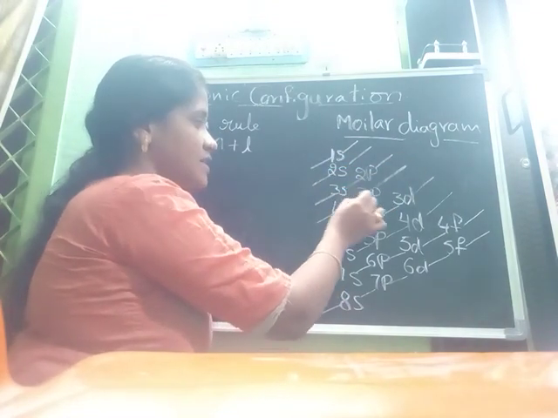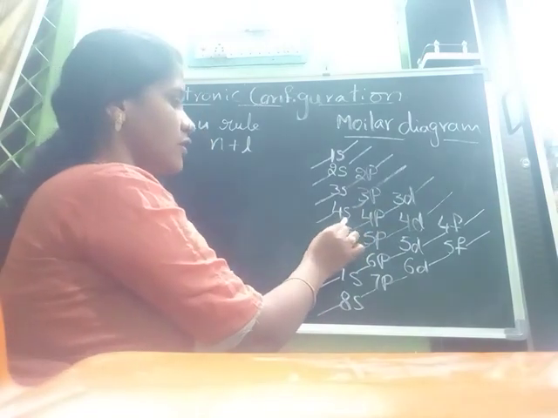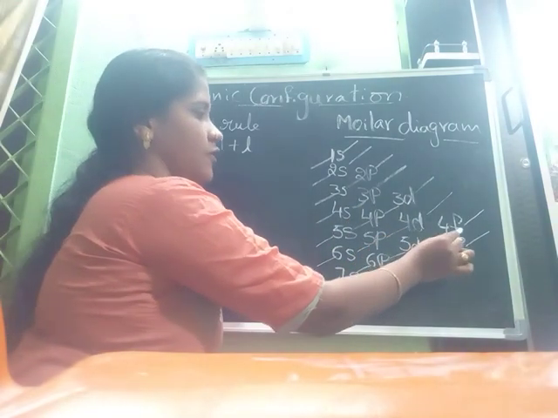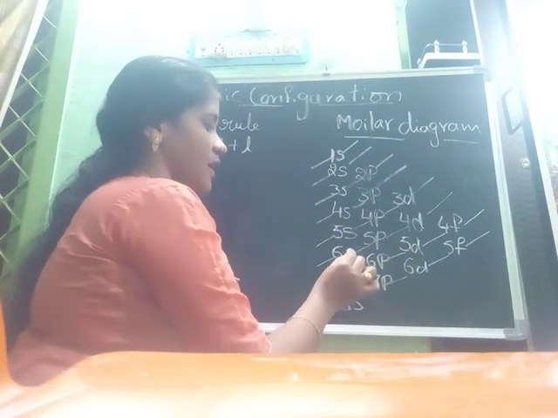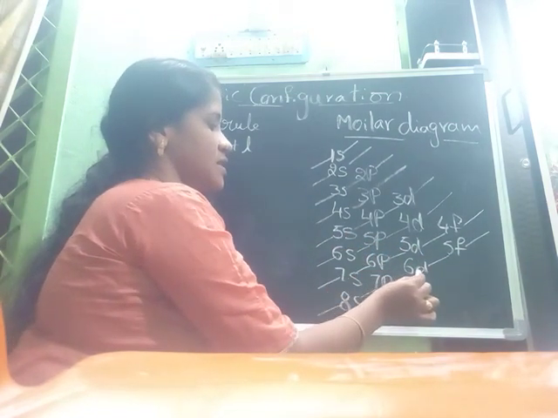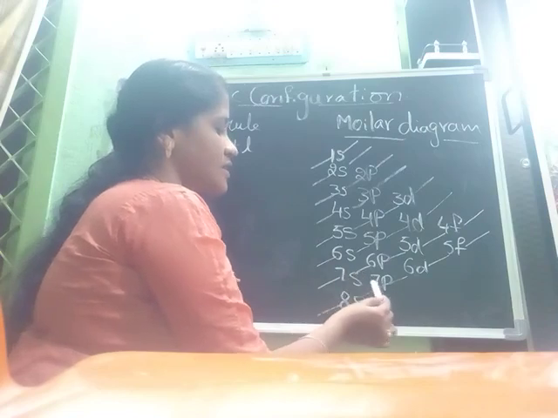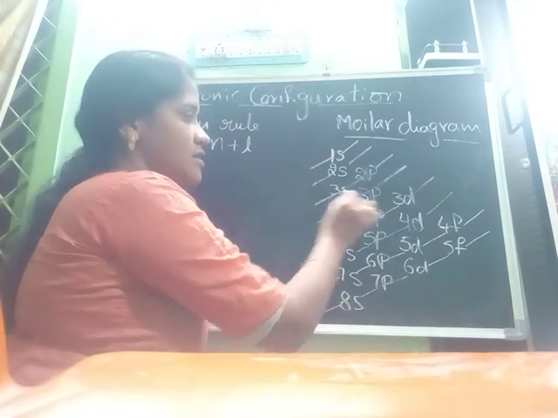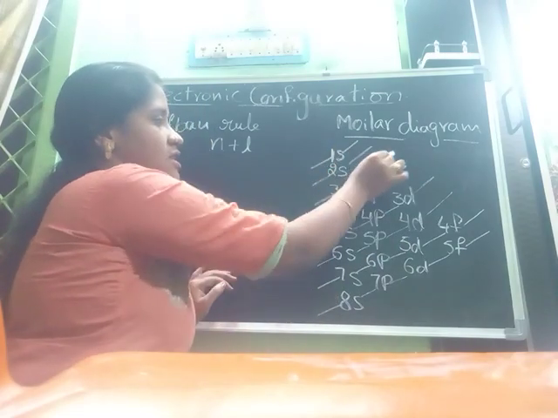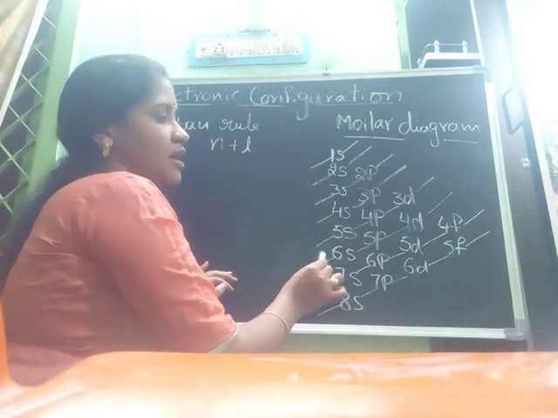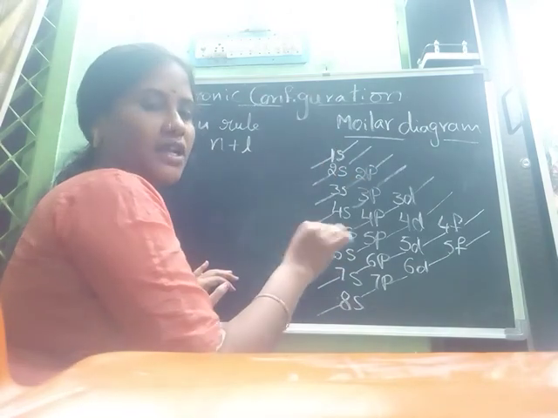Next 3s, 3p, 3d. 4s, 4p, 4d, 4f. 5s, 5p, 5d, 5f. Next 6s, 6p, 6d. Next 7s, 7p, 8s. As it is in a straight line you write it. Next you draw slanting lines like this. Okay, this is the diagram.